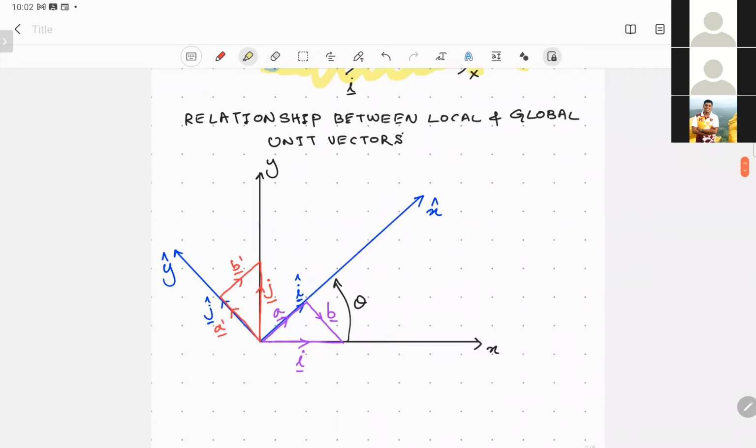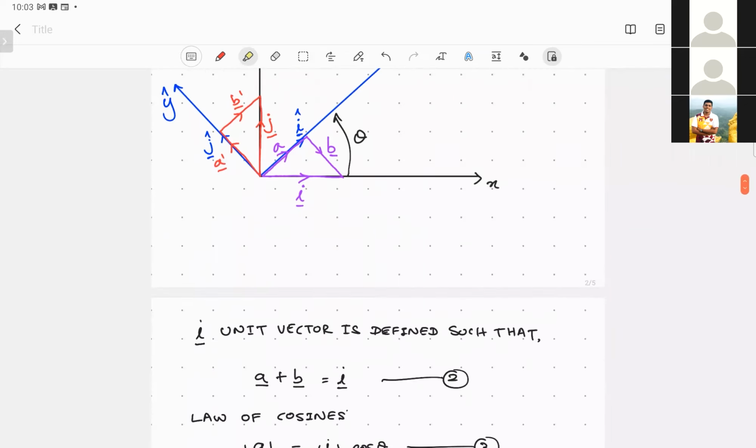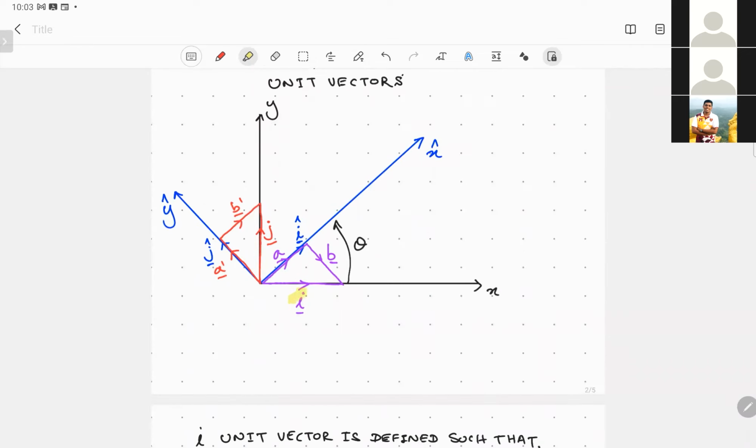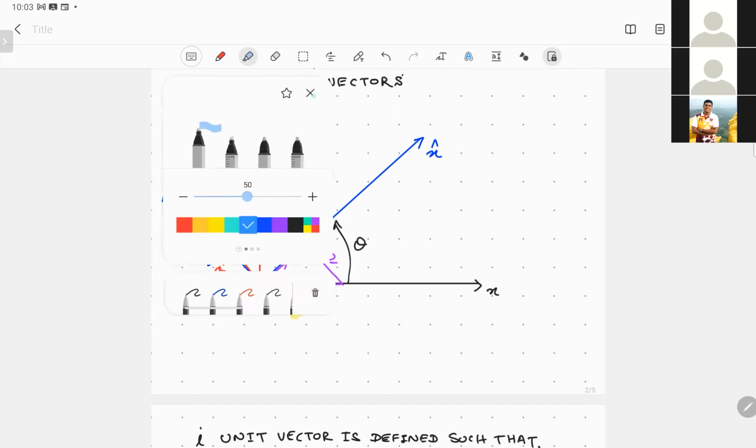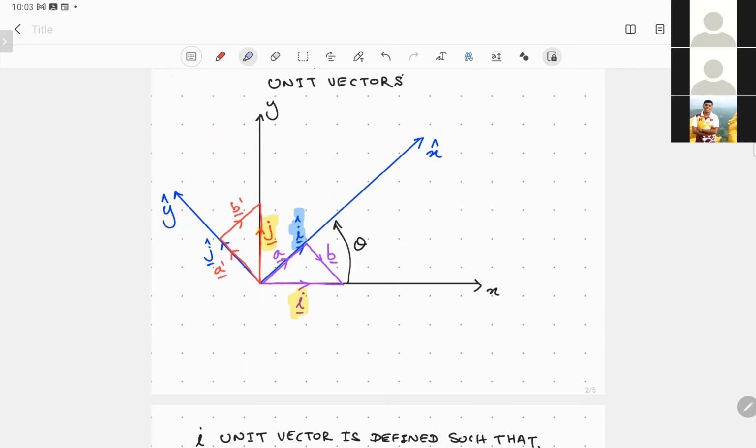So now what we can do is establish a relationship between these two coordinate systems using certain coefficients. Let's define a unit vector. Let's consider the ith unit vector defined in the x direction, the jth unit vector defined in the y direction, i hat in the x hat direction, j hat in the y hat direction.